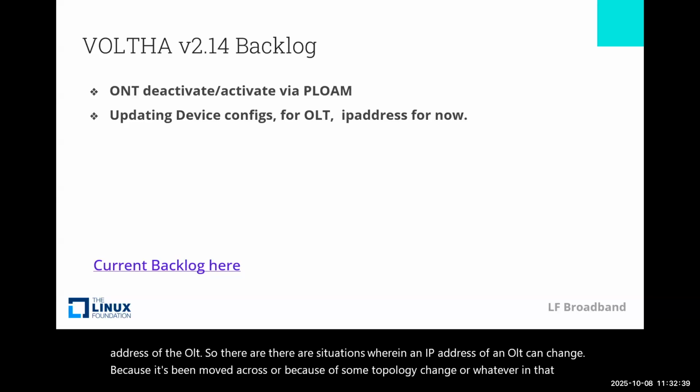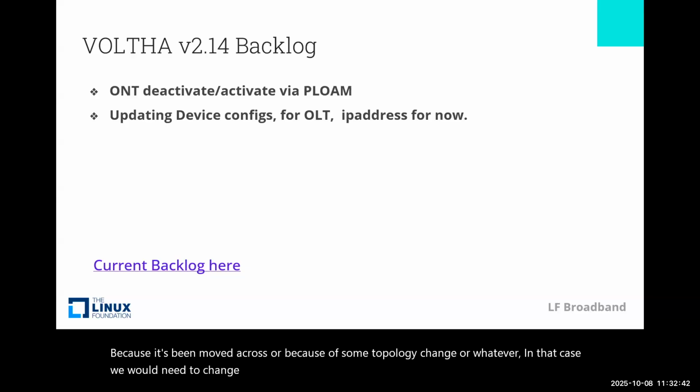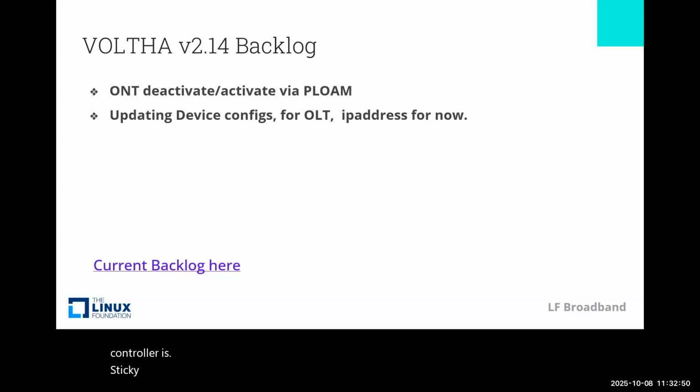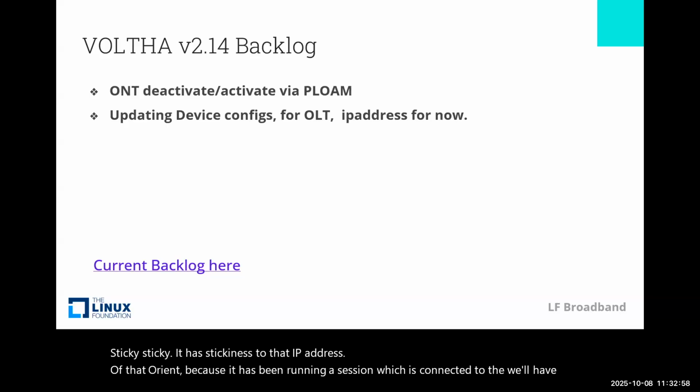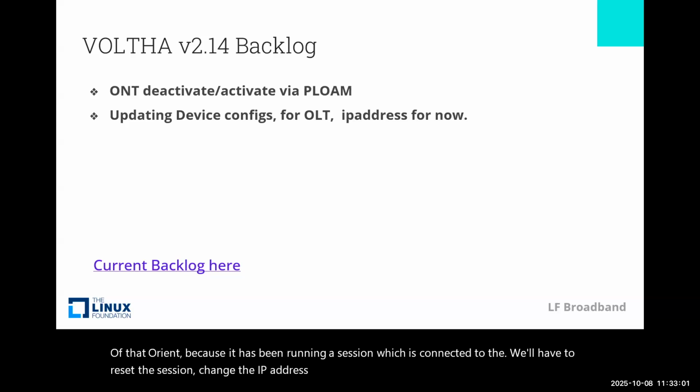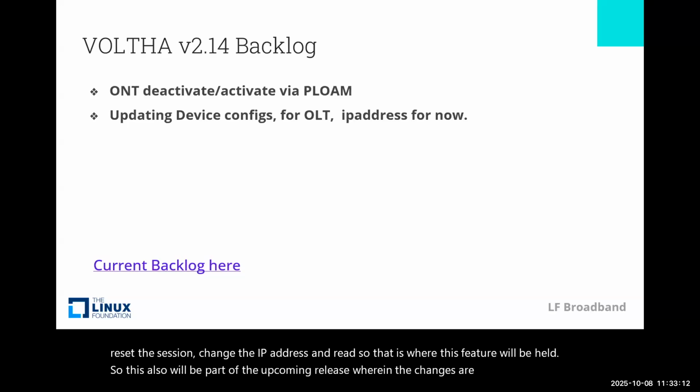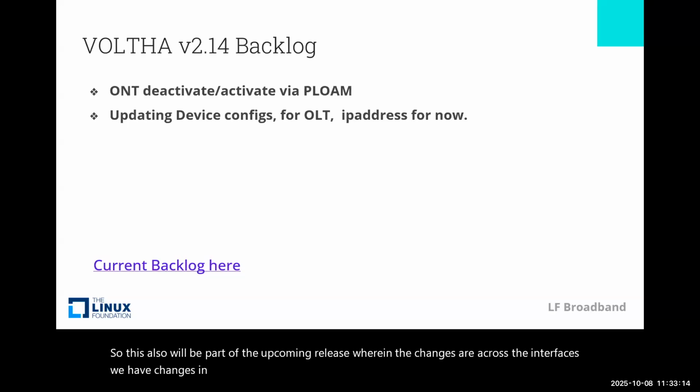In that case, we would need to change the IP address in the controller as well, because as of now, the controller is sticky to that IP address of that OLT because it has been running a session which is connected to it. Now we'll have to reset the session and change the IP address. That is where this feature will be. This also will be part of the coming release, wherein the changes are across the interfaces. We have changes in interfaces, in the core, in the adapters, and in the agent as well.